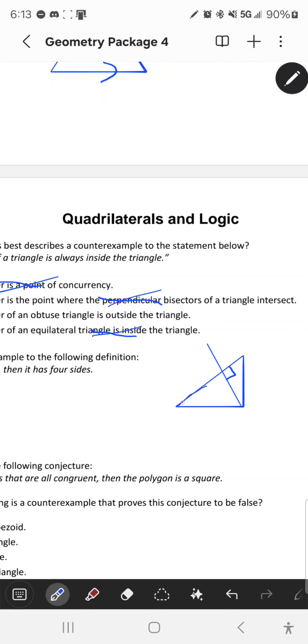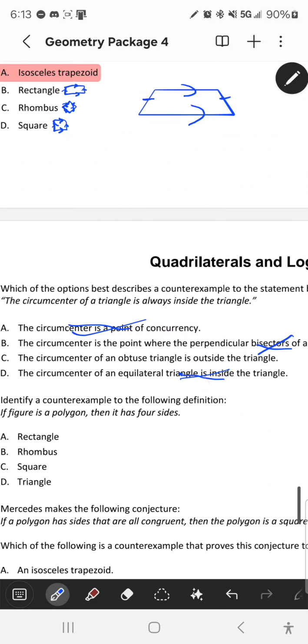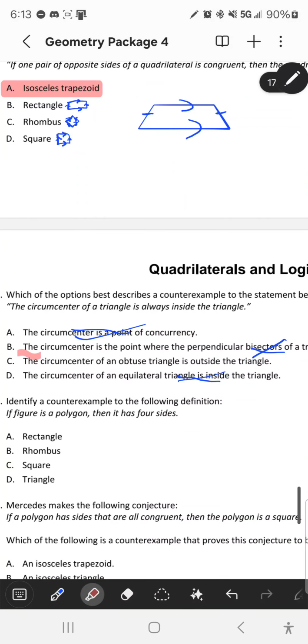So here, something like this, and then this one will be something like this, more or less. But it is not a bisector. It's perpendicular, but it's not a bisector. So that one is actually false. And now C is our answer.